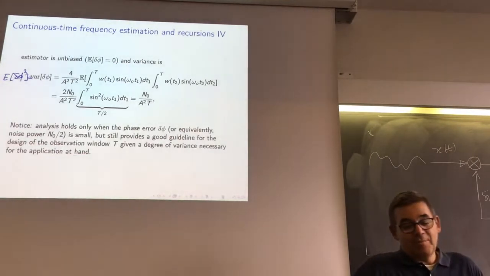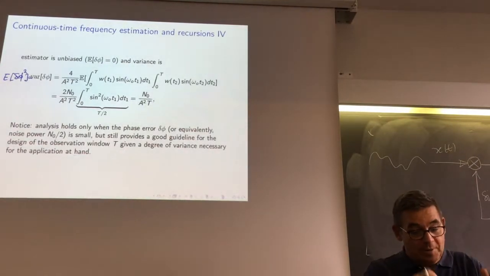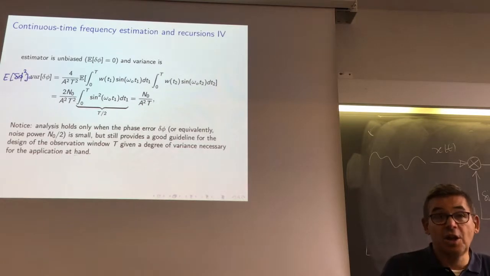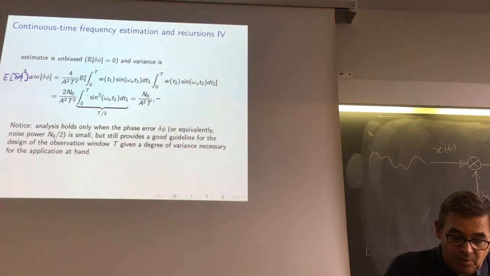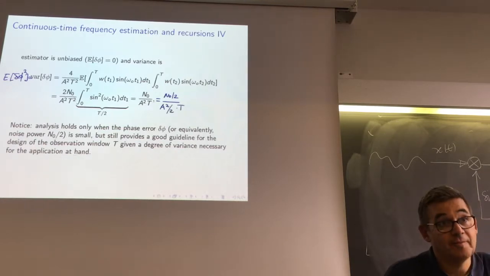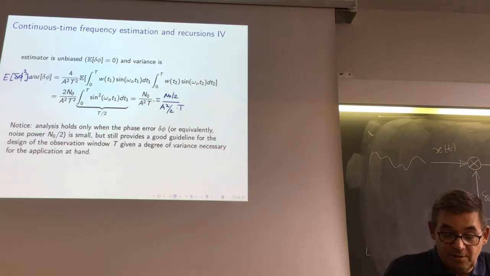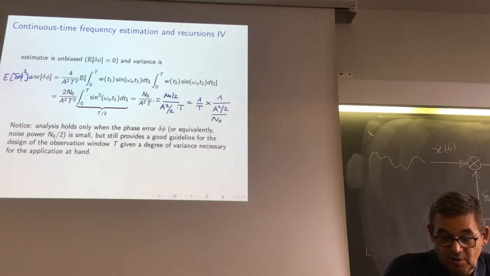Now, a very convenient way to represent this formula, which is not always written this way, is this: it is equal to N0 divided by 2, over A squared divided by 2, multiplied by T. Then you can write it as 1 over T times 1 divided by (A squared divided by 2) times N0 divided by 2.